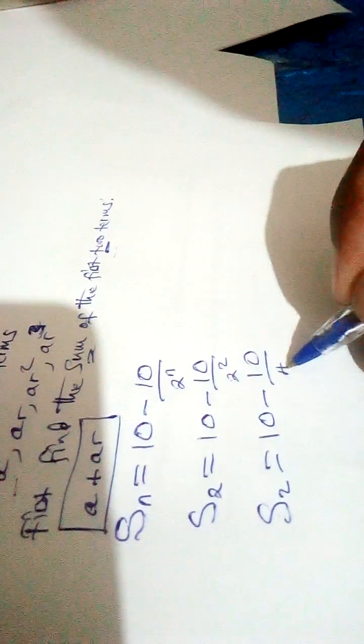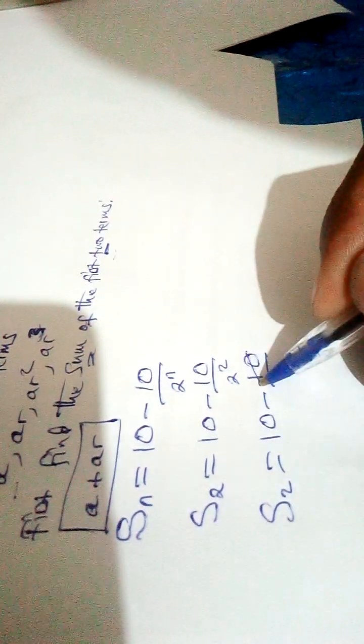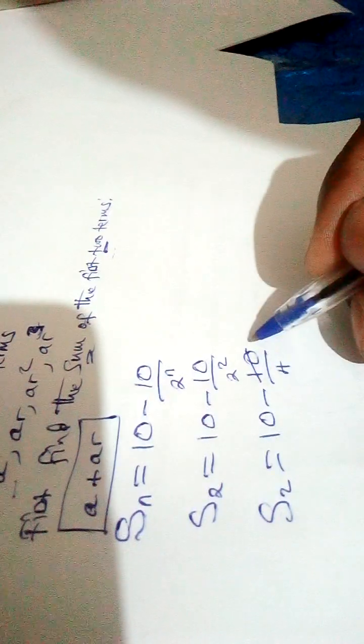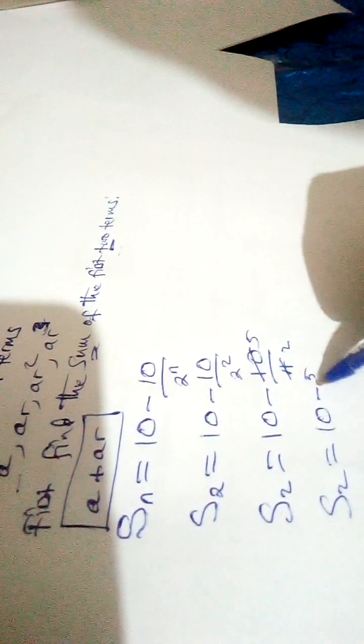2 to the second is 4, correct? You can go further if you want and simplify. 2 into 10 is 5, 2 into 4 is 2. So S2 is equal to 10 minus 5 halves.